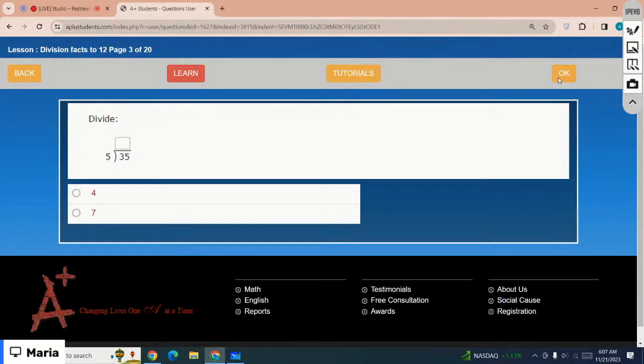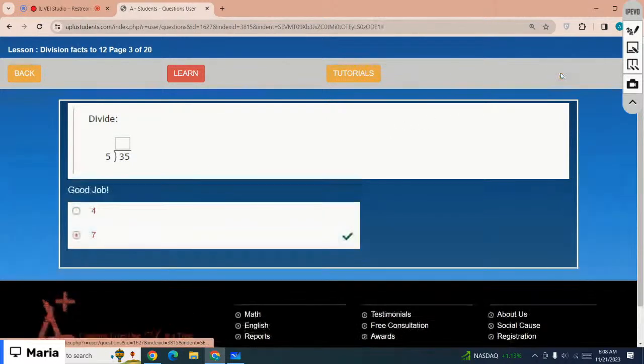We have to count the table of 5 until 35. So 5 times what number is 35? 5 times 7 makes 35, so that is 7. The correct option is 7.